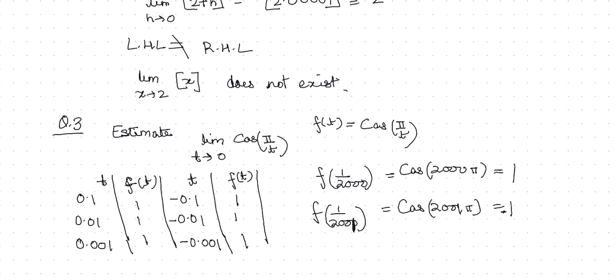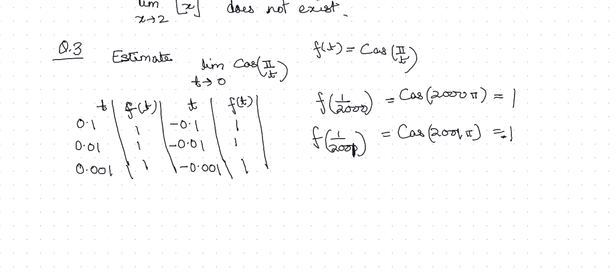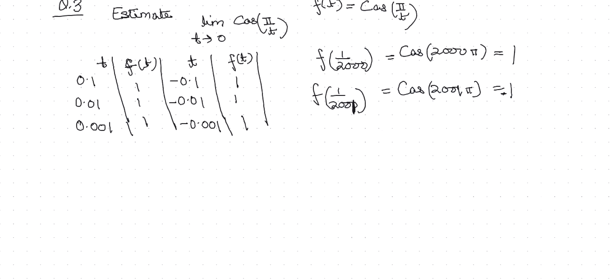Now we'll check one or two more values. Like we can check f of 2 over 2001. This would give us cos of pi by 2 over 2001, which would give 0.